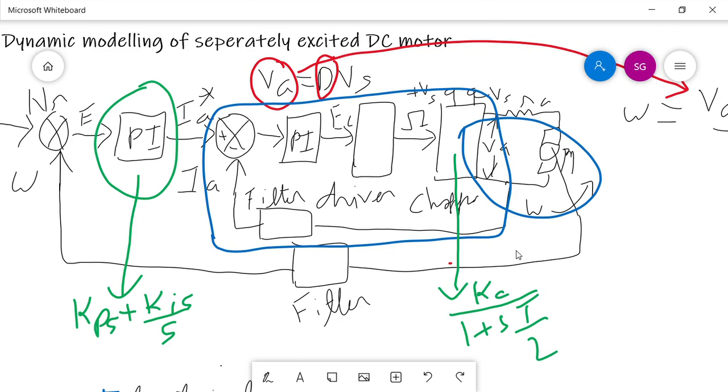Now we can just optimize these two PI controllers. The final part of this whole exercise will be to design your PI controllers. We will design our current controller and our speed controller such that a specific performance index of the DC motor is met.